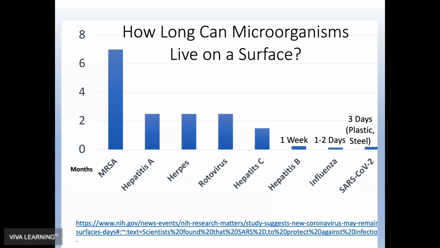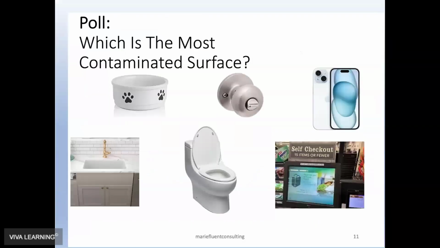So keep this in mind as you're cleaning your operatories and disinfecting them, that a good old-fashioned cleaning and disinfection is important because these microorganisms can live on for a long, long period of time.